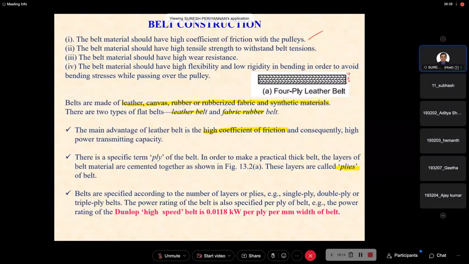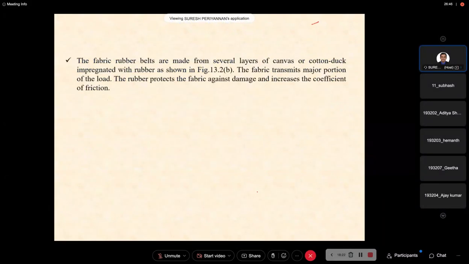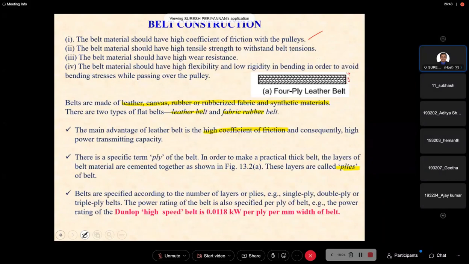Another thing, belts are specified according to the number of layers. The number of layers are plies: single ply, double ply, triple ply, or 4-ply.